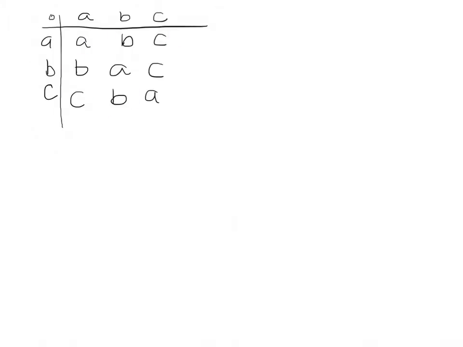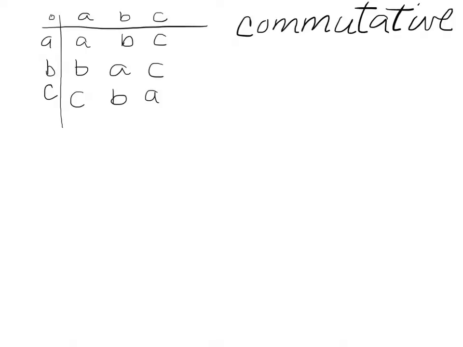What we want to do is check to see if this is a commutative set, and maybe show that A operated on B is equal to B operated on A. Okay? So let's start by doing that.